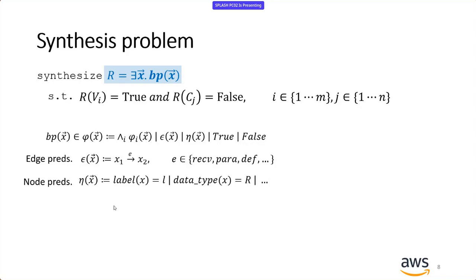But this is, of course, not the complete picture, because you can have a conforming example that satisfies the buggy pattern. And in this case, you need to strengthen your rule R with the negation of an existentially quantified non-buggy pattern. And the non-buggy pattern here is defined over these existential variables y, and it may share variables x that are quantified outside in the scope of the buggy pattern.